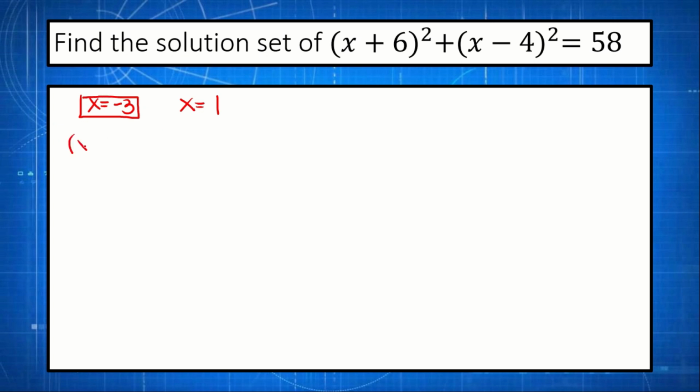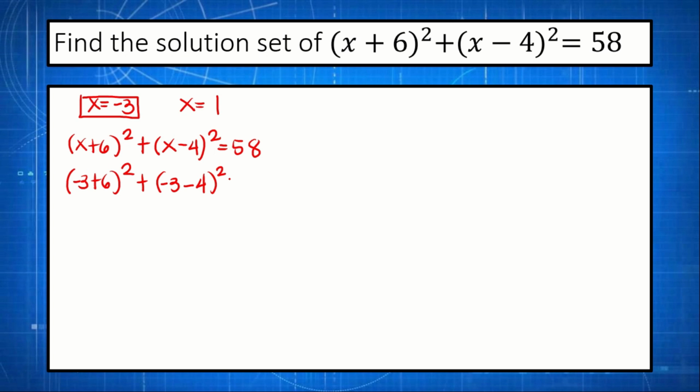So we have x plus 6 squared plus x minus 4 squared is equal to 58. So we have negative 3 plus 6 squared plus negative 3 minus 4 squared is equal to 58.